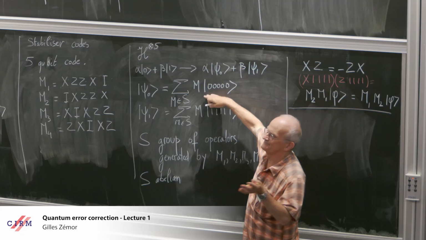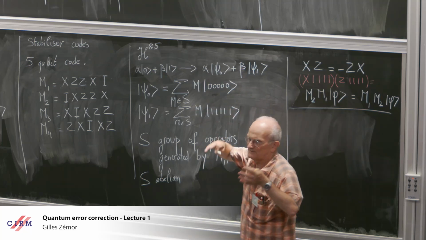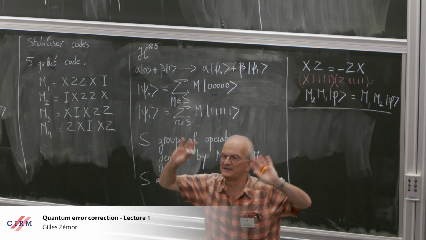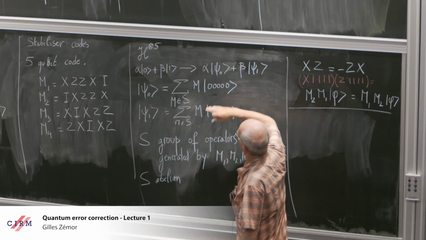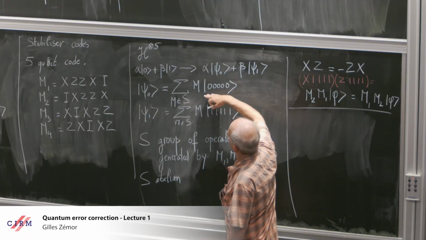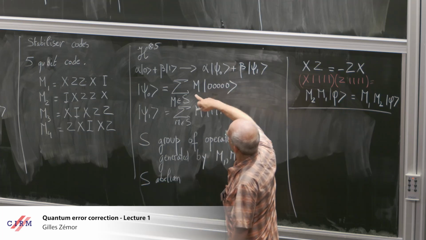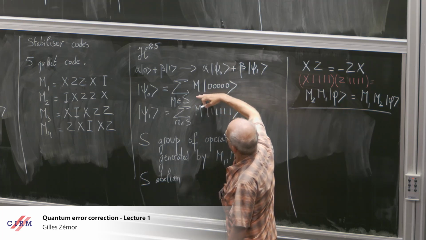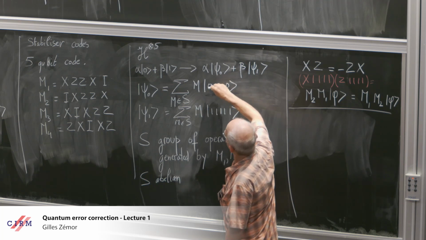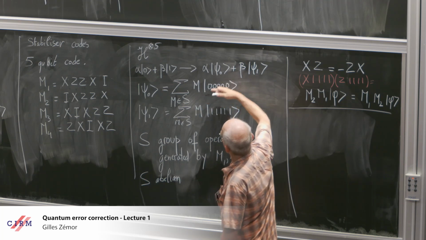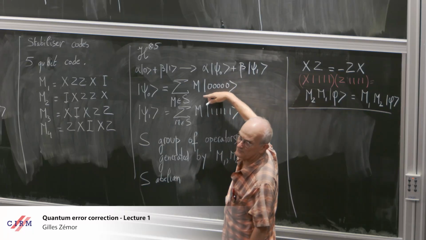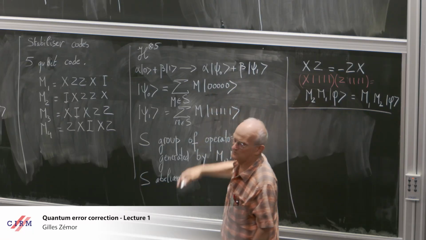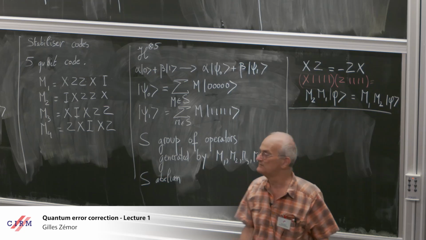And the Z operators may add minus signs all over the place, never mind the minus signs. But all these states, the computational basis states that are involved, will all be of even weight. And if you start here, they will all be of odd weight for the same reason.